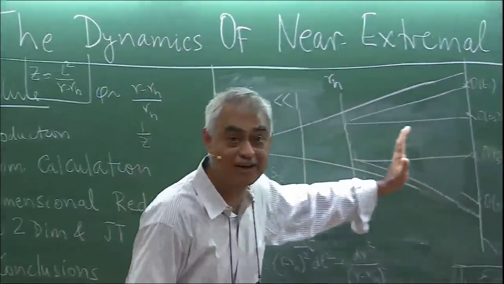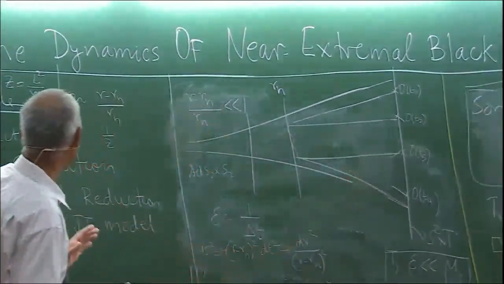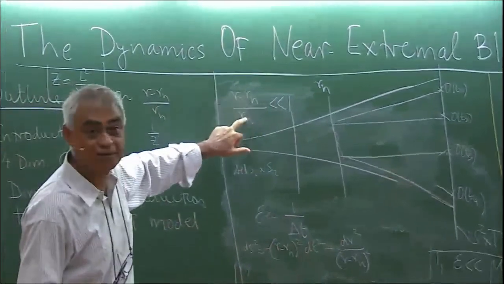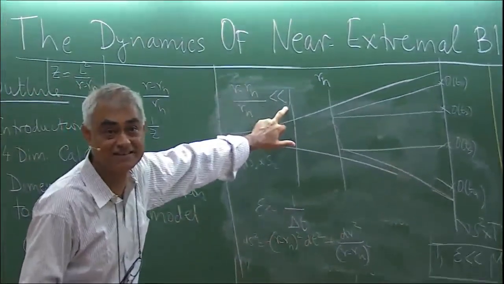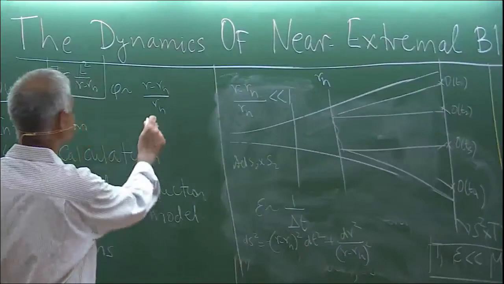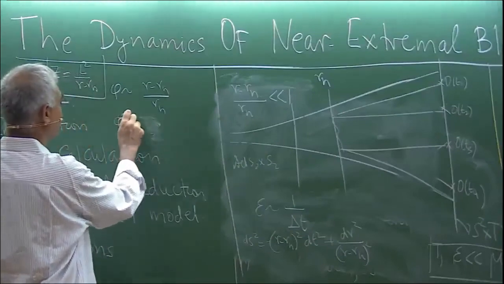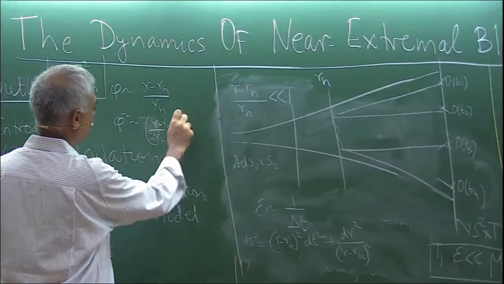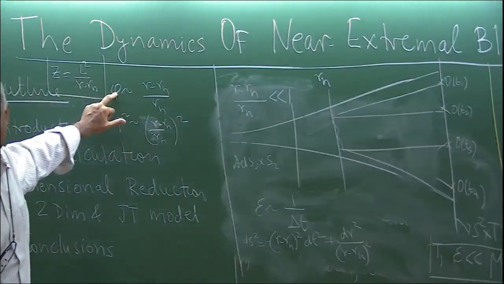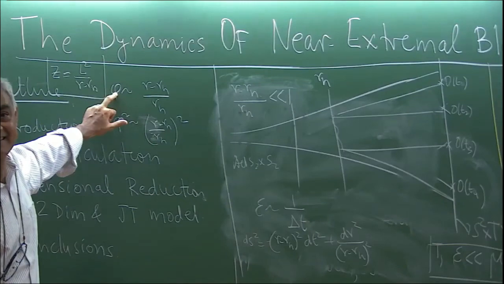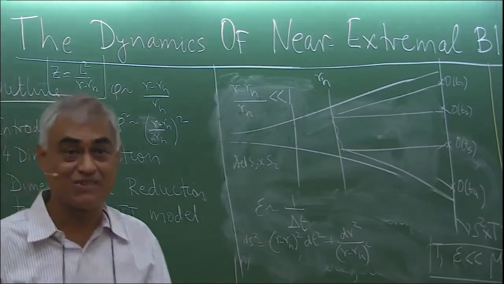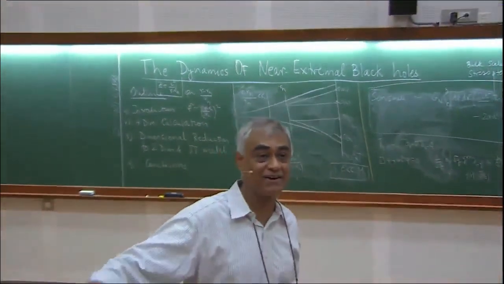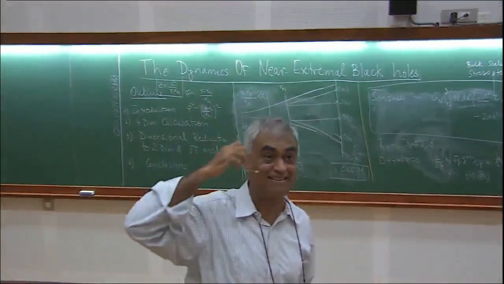But I can't go very far because I still have to work in a region where (r minus r_H) over r_H is very much less than 1. So the result is a term which goes like phi squared, which is still small compared to phi. That's what suppresses the higher order terms in powers of 1 over r_H.